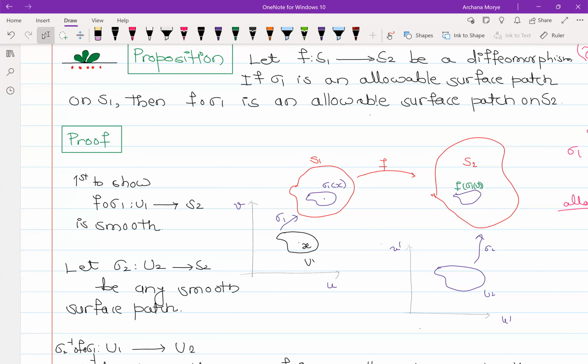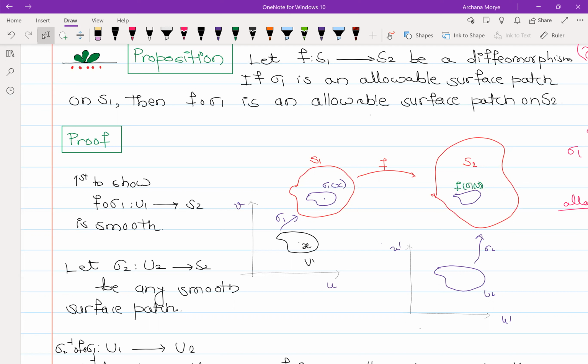It is a little difficult to think about because F is a map as such inside R3 to R3, right? The map F is defined from the surface S1 to S2, but S1 is sitting inside R3.